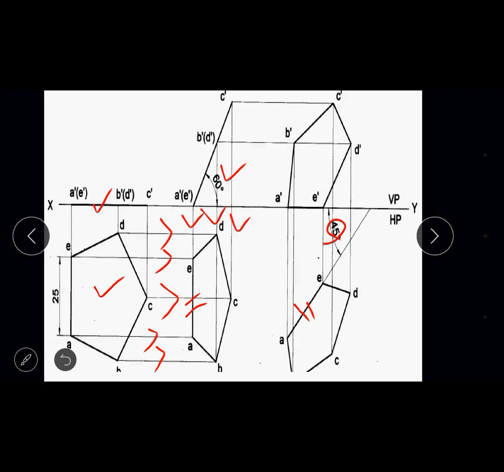You have constructed a 45 degree line and you have marked this edge AE. The AE edge is marked on the 45 degree line. Then after that, I'll just give a hint. With this one edge AE available, we have to get the other four edges: the side AB, the side BC, the side CD, and the side DE.